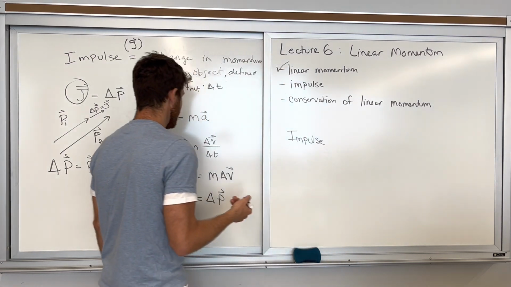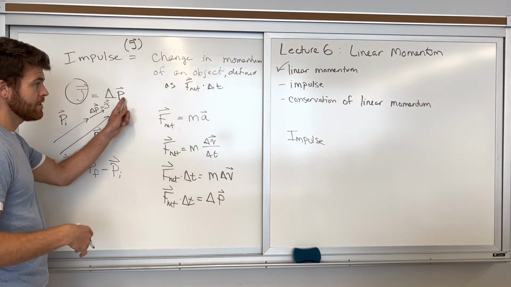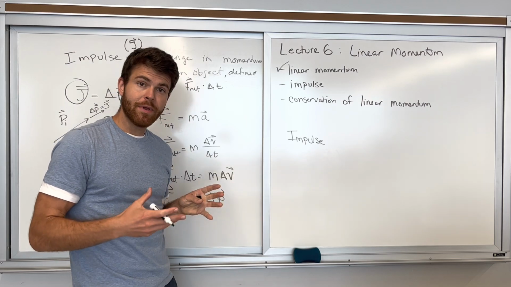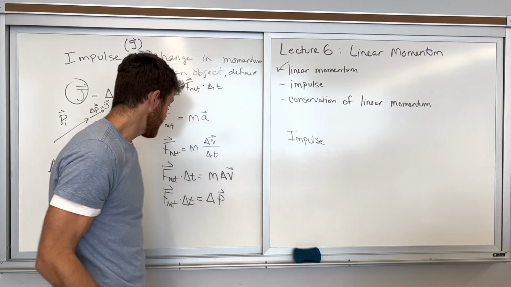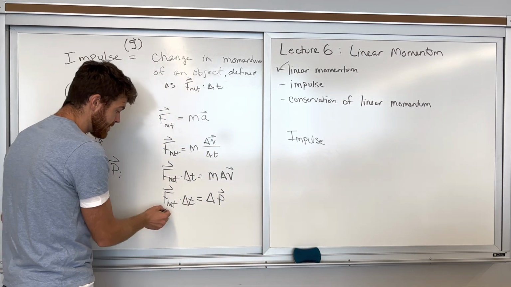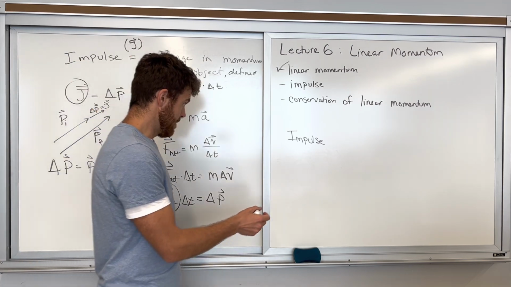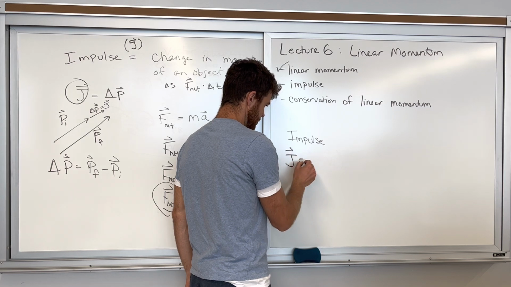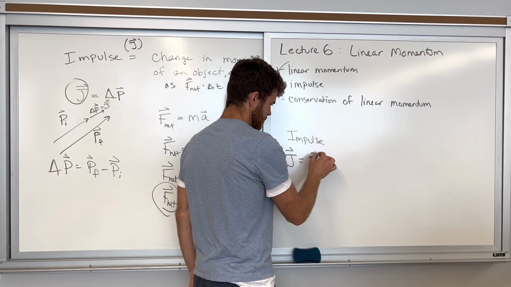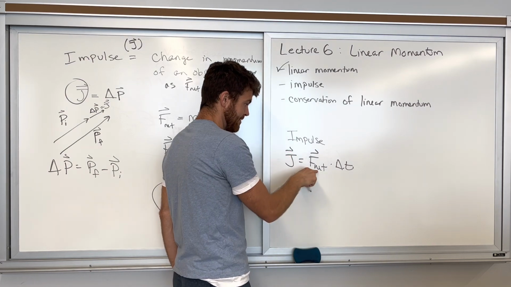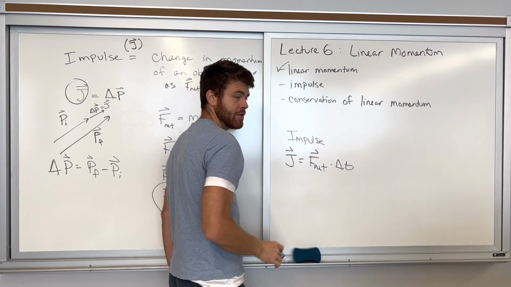And it's a vector quantity, it points in the same direction as wherever the change in momentum is. So if there's an impulse in that direction, that means that there's going to be a change in momentum in that direction. And the direction of the impulse is dictated by the direction of the net force. Right? So impulse, because time is not a vector, only force is a vector, so the impulse is in whatever direction that the net force is in.